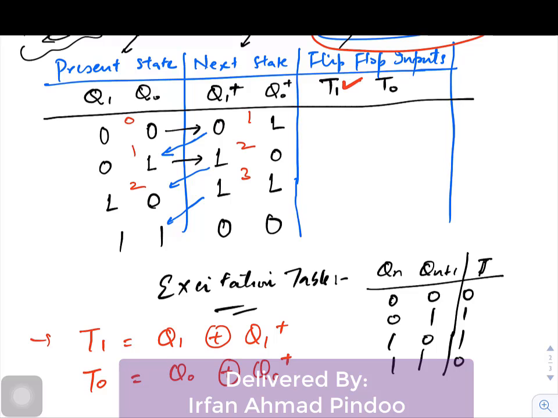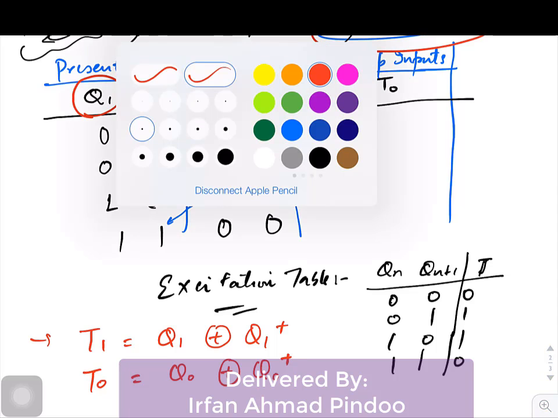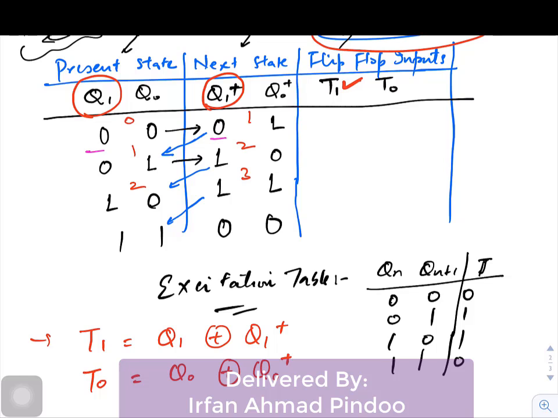So once I am completing this T1, I will look at this column and I will look at this column. Now see here, 0 and 0 will make it 0 only. You have to see the XOR table. So 0 0 is 0. Now 0 1 is 1, 1 1 is 0, and 1 0 is 1. So this one is completed.